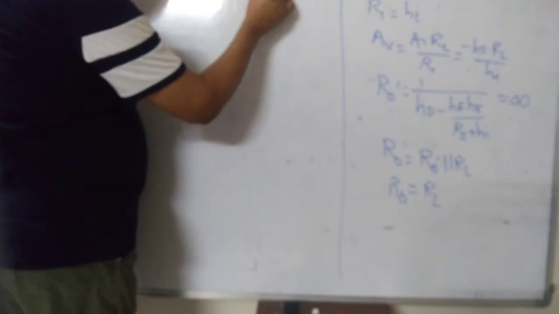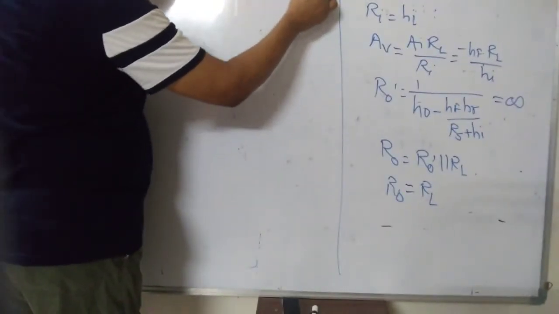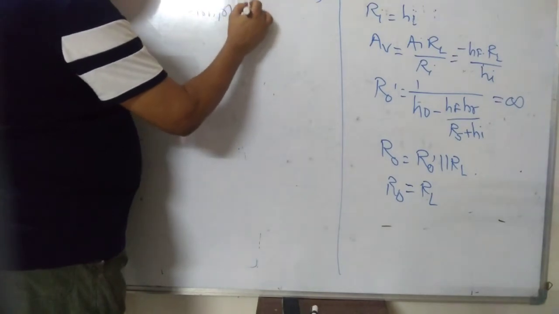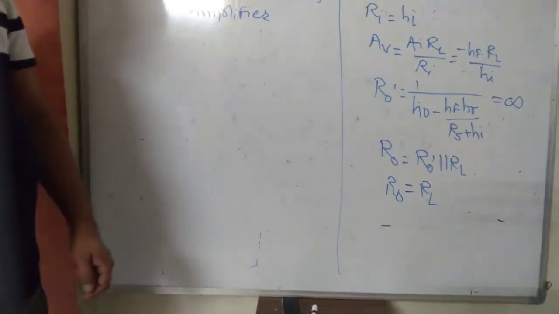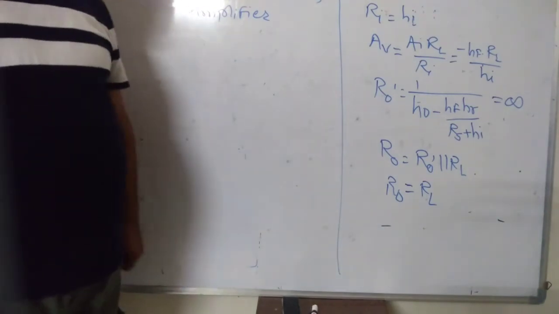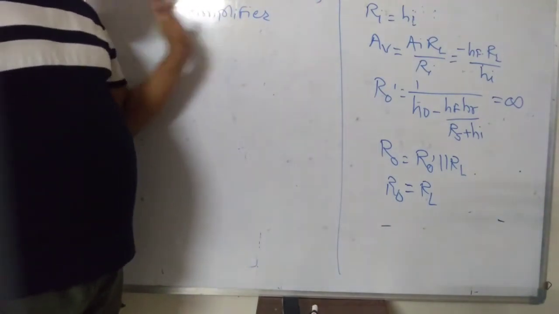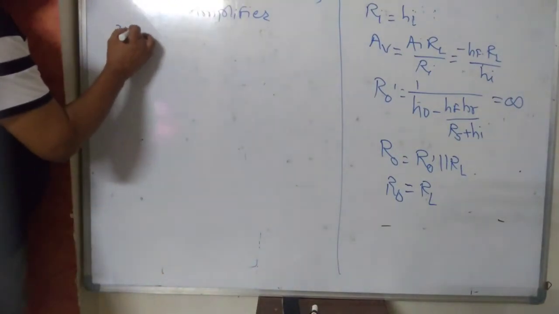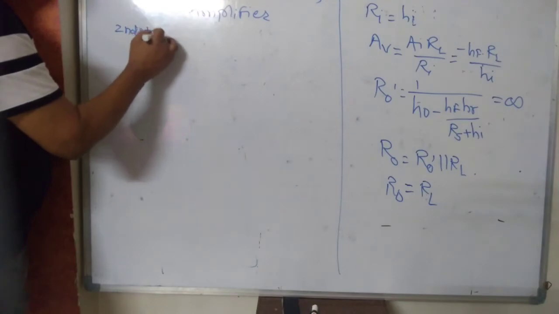A multi-stage amplifier is also known as a cascade amplifier. So how to solve the numerical for a multi-stage amplifier? I am giving you the steps. First we have to solve the second stage. There will be two transistors.